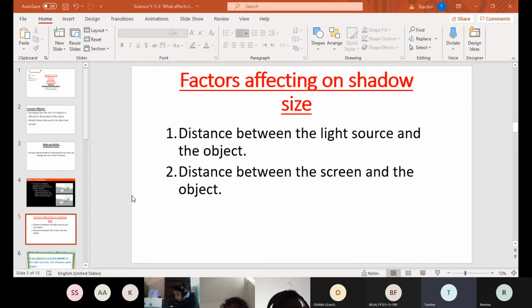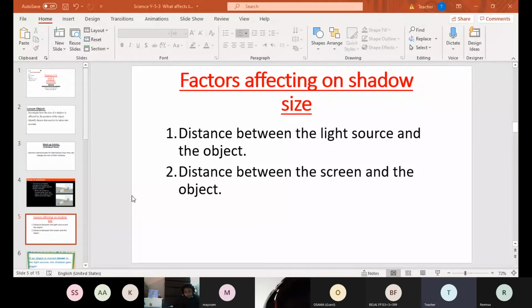That's why I told you to bring some light source, lamp or anything, and your ruler. We will check the size of the shadow. Put the distance the same first. Like if you have 10 centimeter distance from the light source, then the second one, your distance should be more than 10 centimeter.